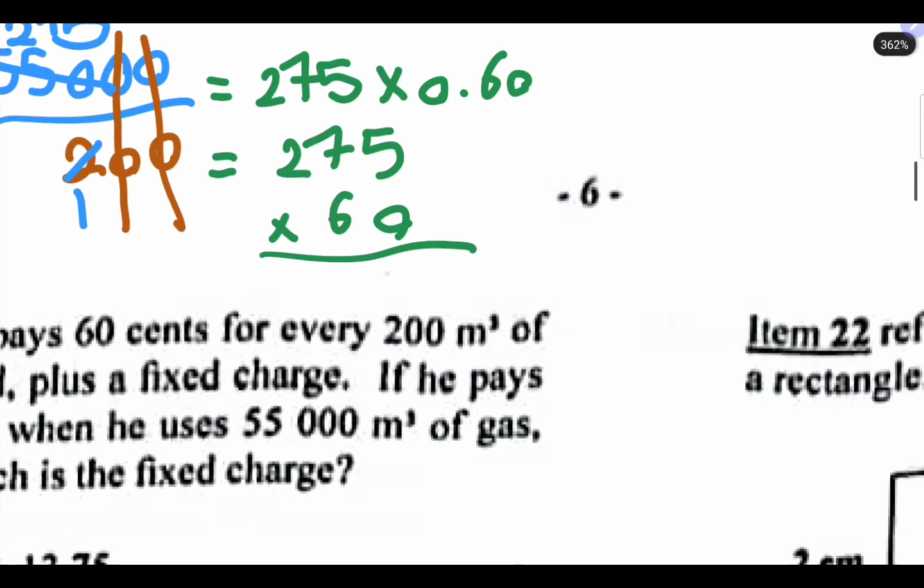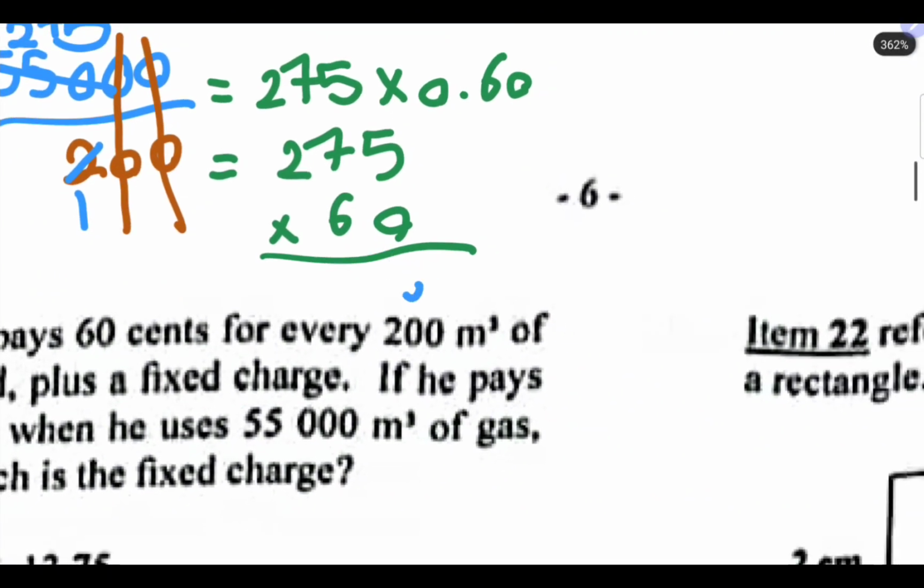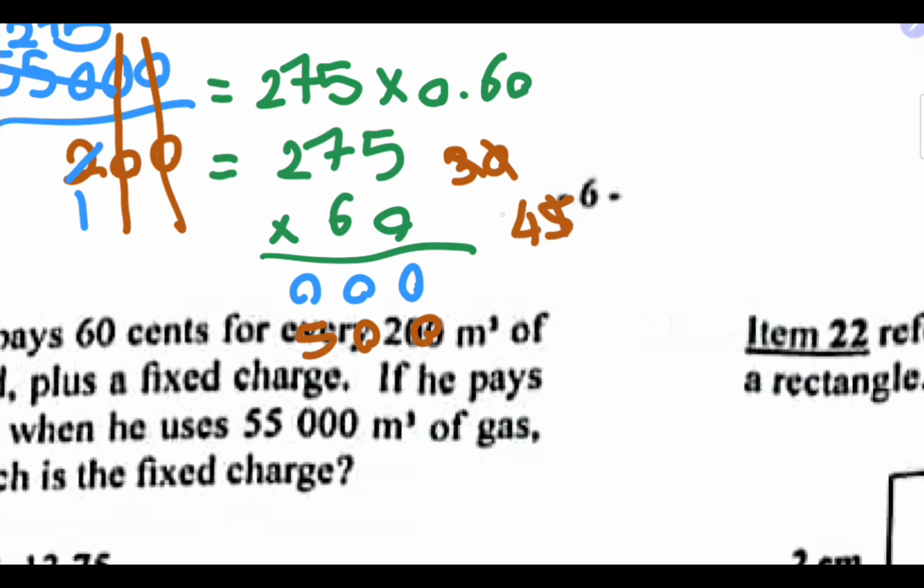0 times 5, 0, 0 times 7, 0 as well. Put a 0 for your placeholder. 6 times 5, that's 30. 6 times 7, that's 42. 42 plus 3, that's going to be 45. Cross the 5, bring it down. 6 2s, that's 12. 12 plus 4, that's going to be 16.